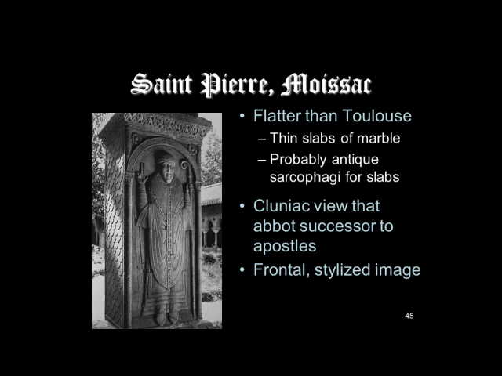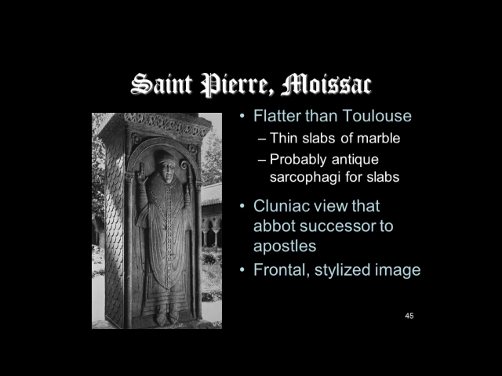Abbots were incredibly important during the 12th century, the 11th too. And the Cluniac order viewed monasticism as the heir to the apostolic vocation. So if you were a monk, you were following in the footsteps of the apostles.